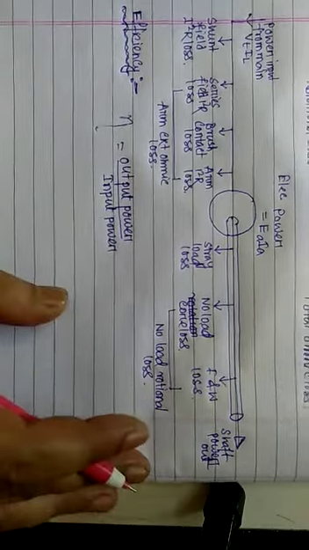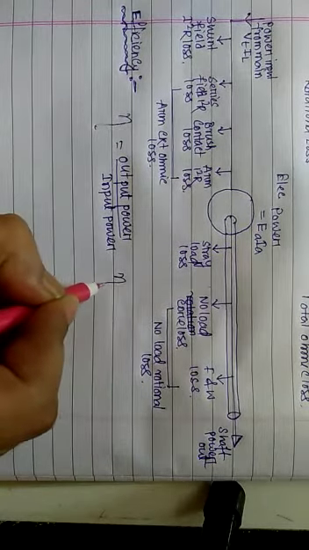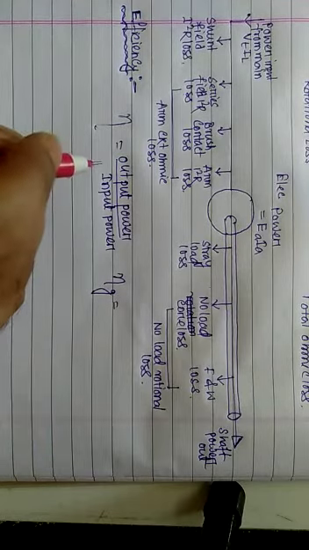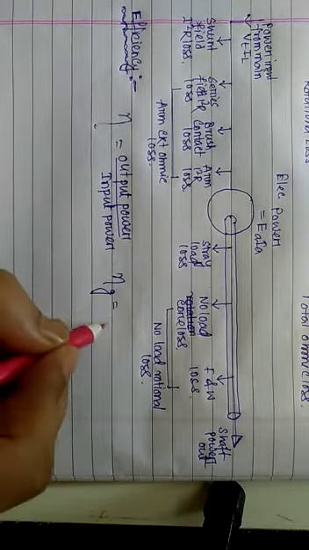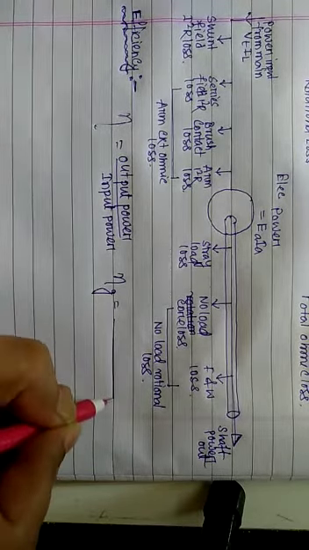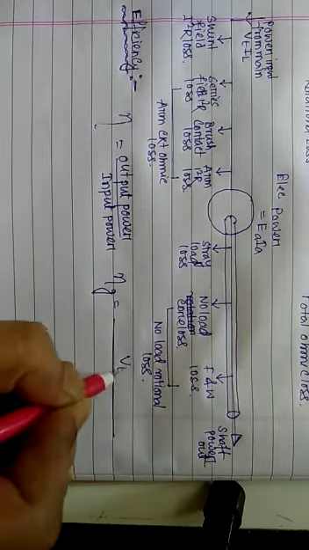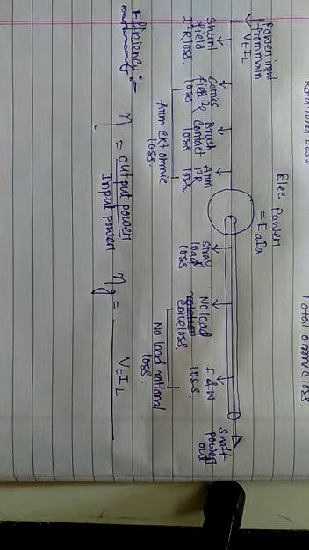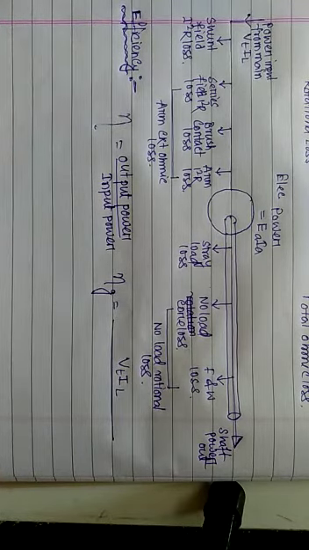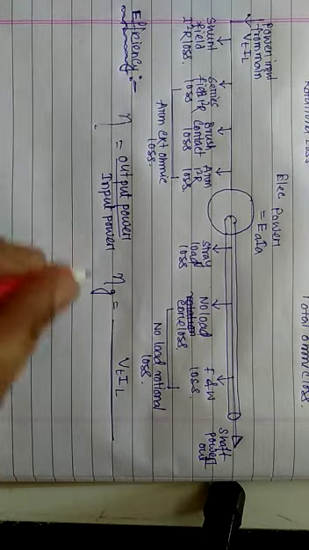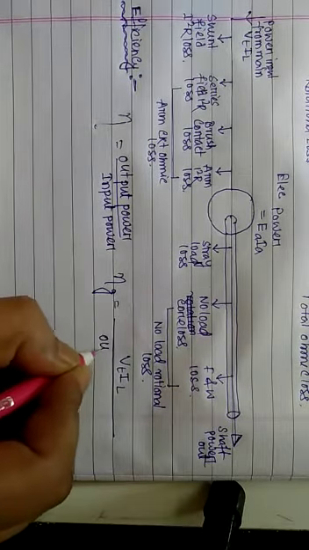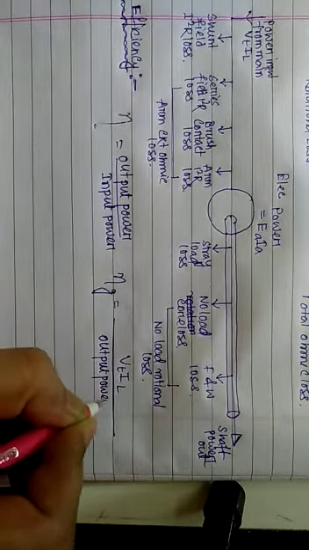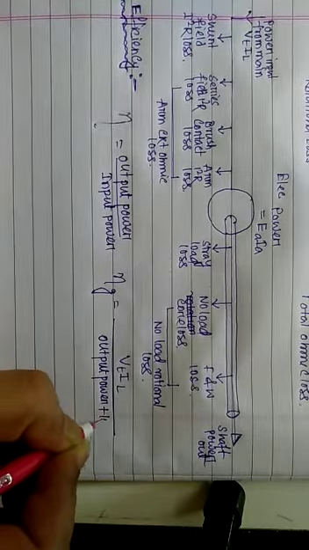In case of a generator, the efficiency is the output power of the generator, which you know is Vt into IL, divided by the input power, which is output power plus losses.